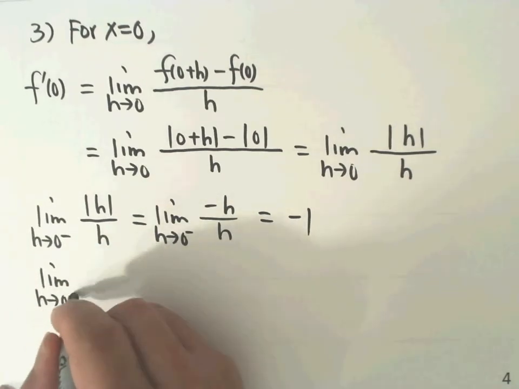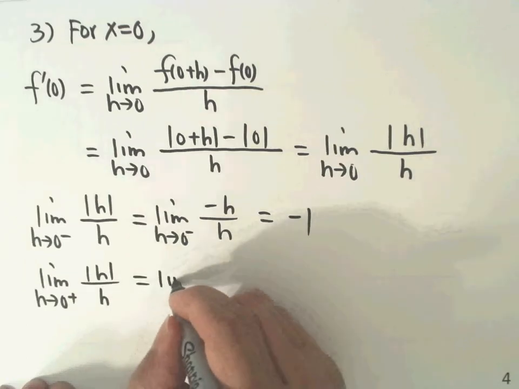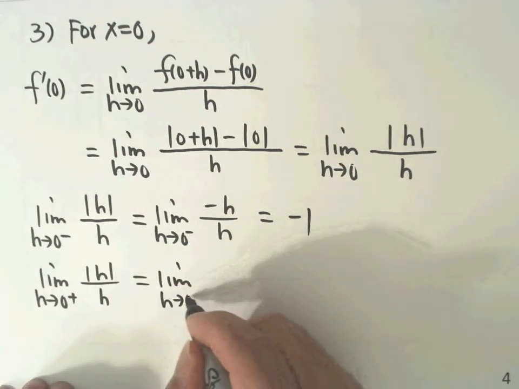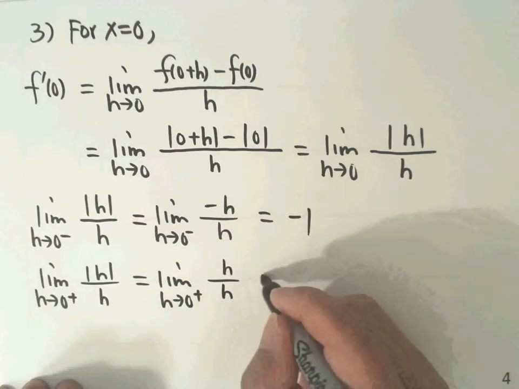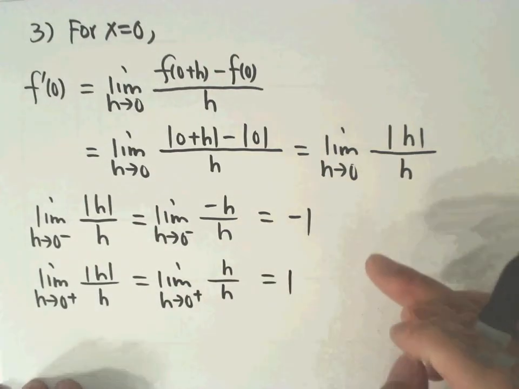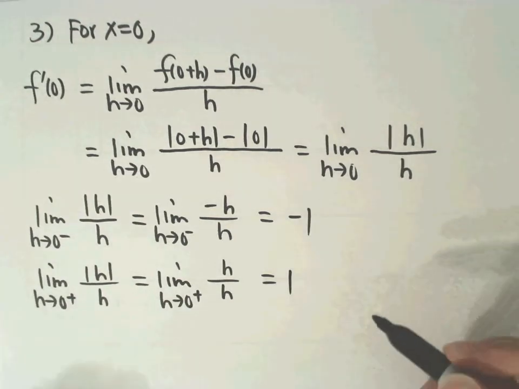Okay, that's the left-handed limit. We go to the right-handed limit. You will see what we get. We get the limit as h approaches 0 from the right. So this time it's h over h, which of course is 1. The left limit does not equal the right limit, which means what?